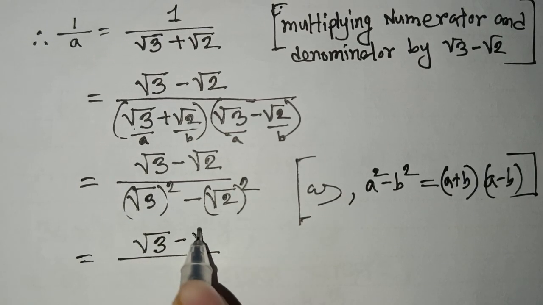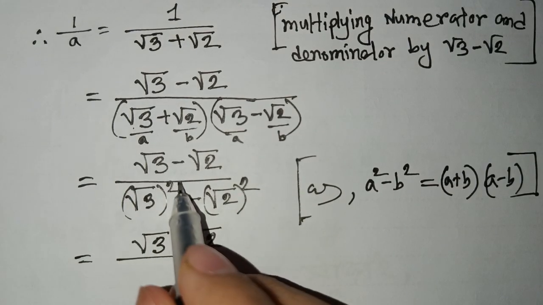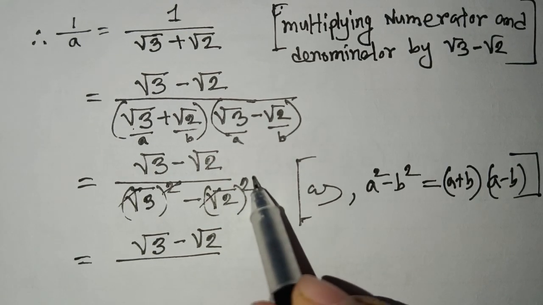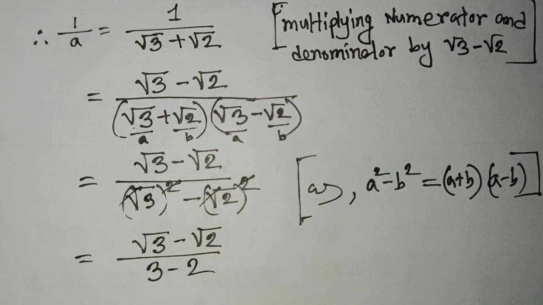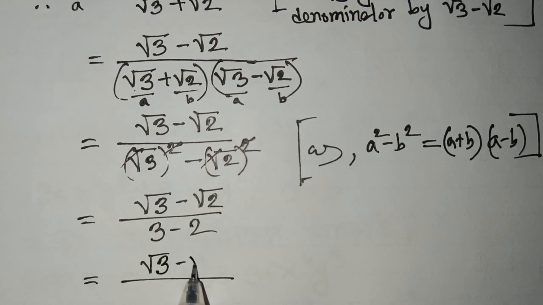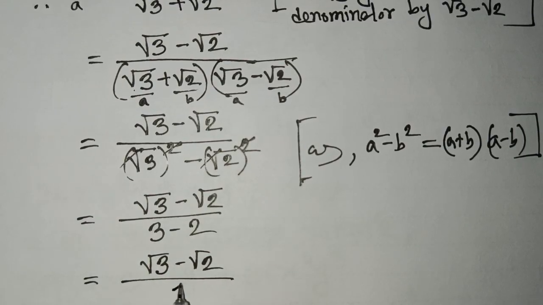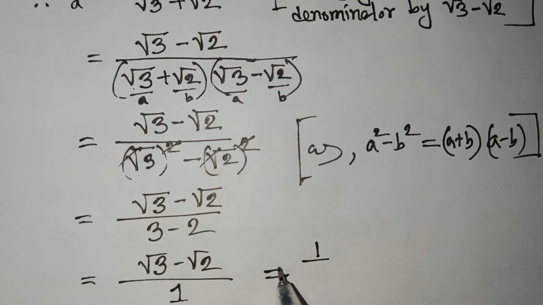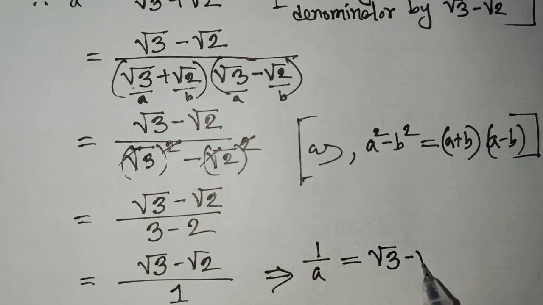Root 3 minus root 2 all over, the square and square root cancel off, so we have 3 minus 2 remaining. If we subtract 2 from 3 it becomes 1. So we get 1 over a equals root 3 minus root 2.